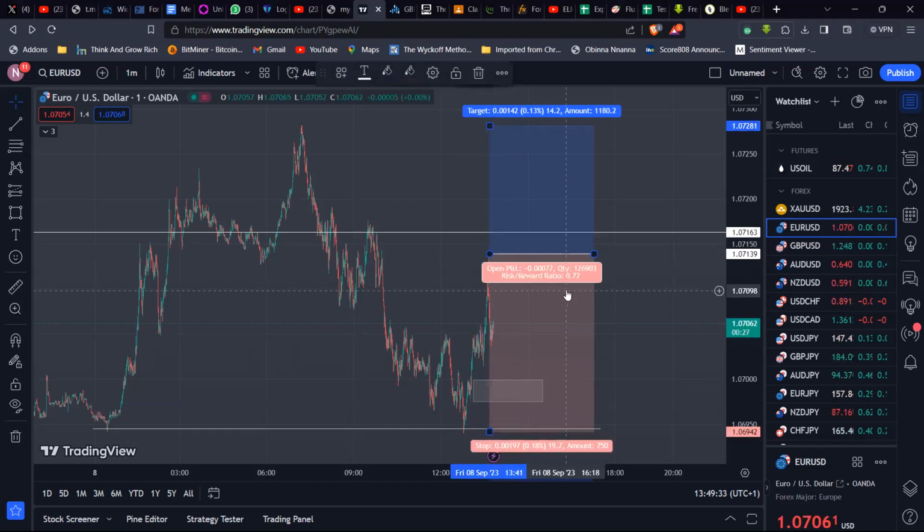You can see that this risk to reward ratio does not make sense. I'm risking 1% to try and make 0.7. Now, there's a good chance the trade goes my way, but it doesn't make sense in the sense that if I keep this up, I'll be losing at the end of the day. Like after 10 trades, even if I win 5 and I lose 5, I'll be net negative.